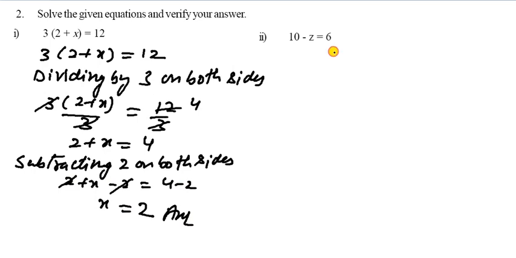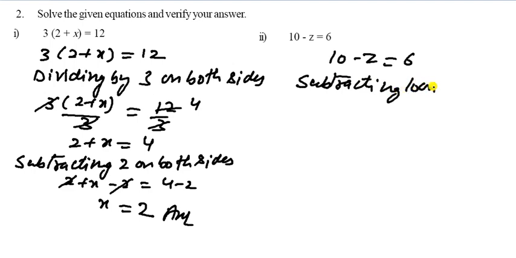Let us see here the equation. 10 minus z is equal to 6. Now subtracting 10 on both sides. So it is 10 minus z minus 10 is equal to 6 minus 10.